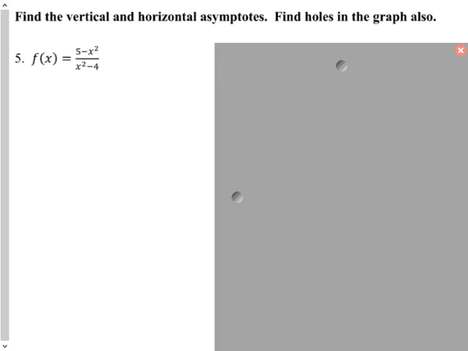Moving on, find the vertical and horizontal asymptotes, find holes in the graph. I will talk about holes when they come up. Generally speaking, holes only happen when you simplify for this class.